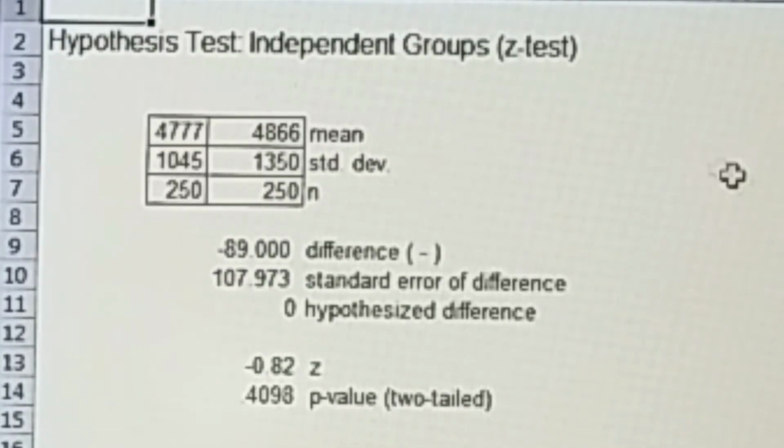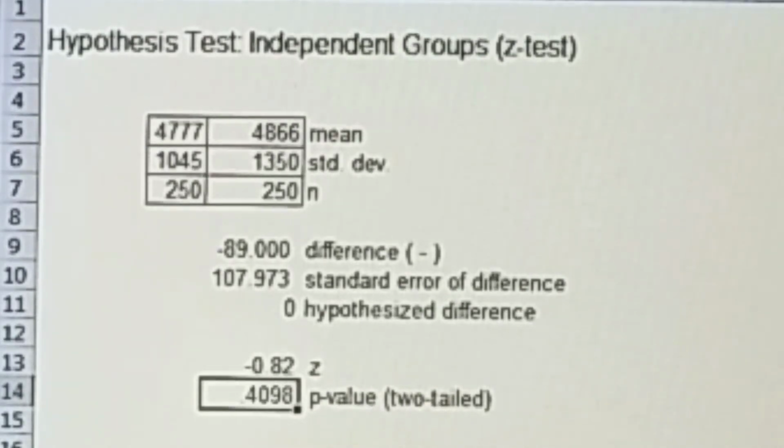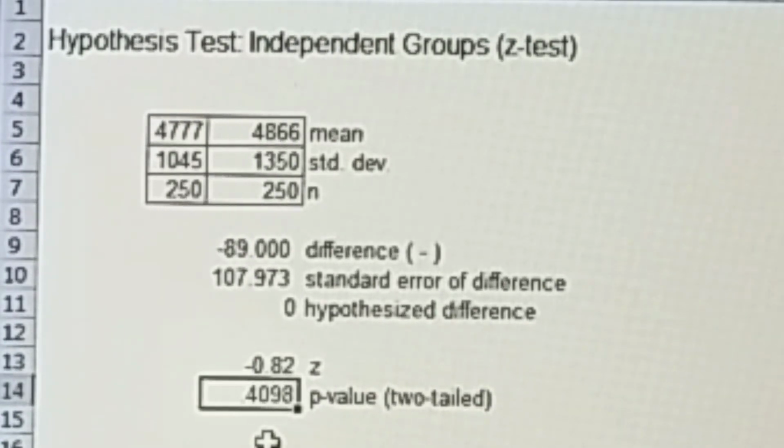So here's the result. Observe that the p-value has no color. That means our decision would be fail to reject H0. Take note that if the p-value is less than the designated level of significance, we need to reject H0.